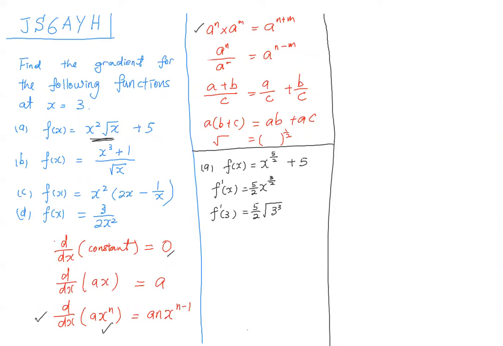Am I right? Okay, so if square root of 3 cubed, look, class, it means square root of 3 times square root of 3 times square root of 3. That is the meaning of square root of 3 cubed.